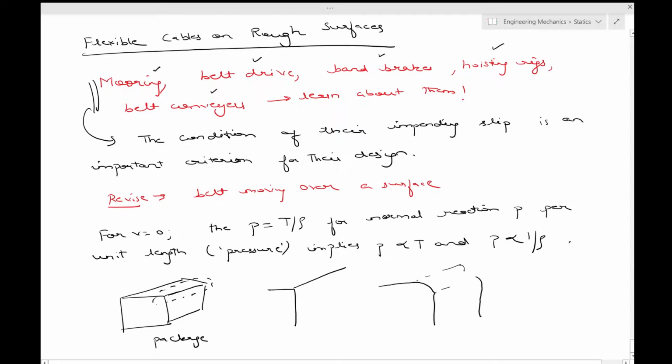So you have a so-called sharper edge, and this is a somewhat blunter edge comparatively.